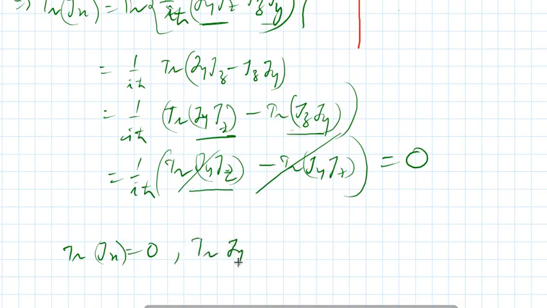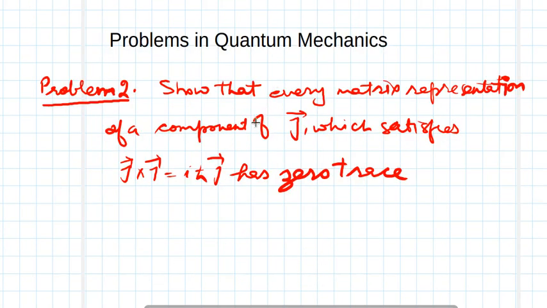Similarly, I can prove that trace of Jy is equal to 0 and trace of Jz is equal to 0, and that's what was asked to prove: the components of J which satisfy this particular relation have zero trace. That's all for this problem, and in the next lecture I will discuss more problems.